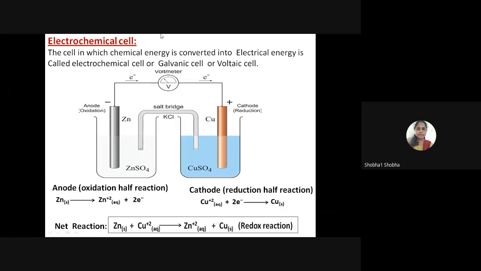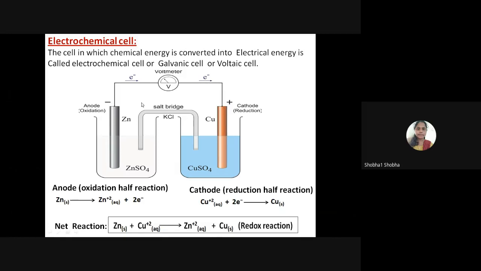But in the electrochemical cell, electrons are generated here and pass from here, so the anode is termed the negative terminal, that's it. But the reactions are the same: there also anode oxidation only, cathode reduction only, and here also cathode reduction and anode oxidation only. Please make a note, in the reactions there is no change, only the naming of the terminals as positive and negative changes from the electrolytic cell to the electrochemical cell.